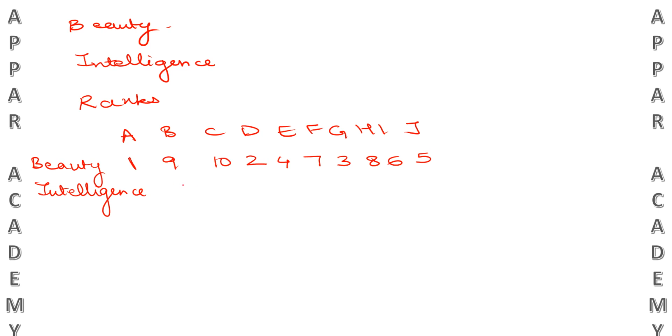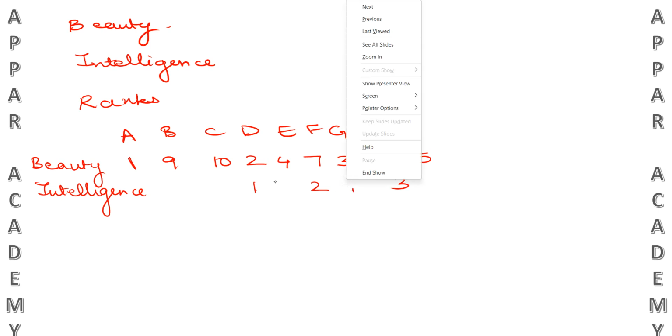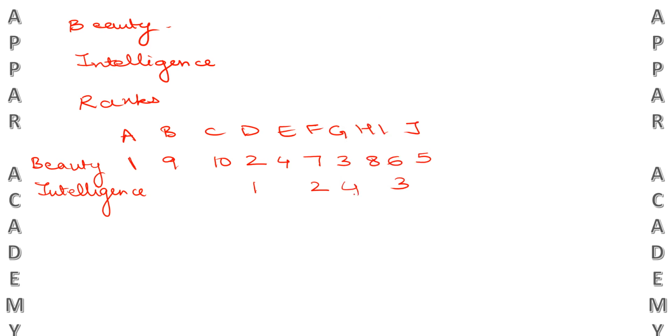Let's suppose the most intelligent person is D. Then we have F, then I, then G, then C, E, J, H, B, A. So here we have given them ranking.